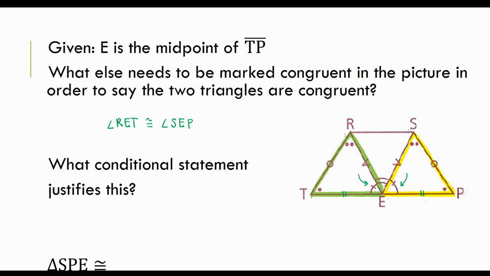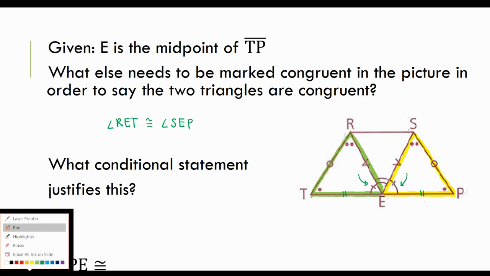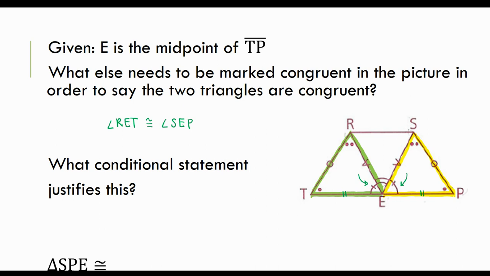So what statement justifies why those 2 angles are congruent? Notice that what we have were 2 big angles and we created 2 smaller angles. Notice that this over here, angle RES, is where those 2 angles that were marked overlapped. So to go from something big to something small, hopefully we remember back in chapter 2, that's because of the subtraction property.